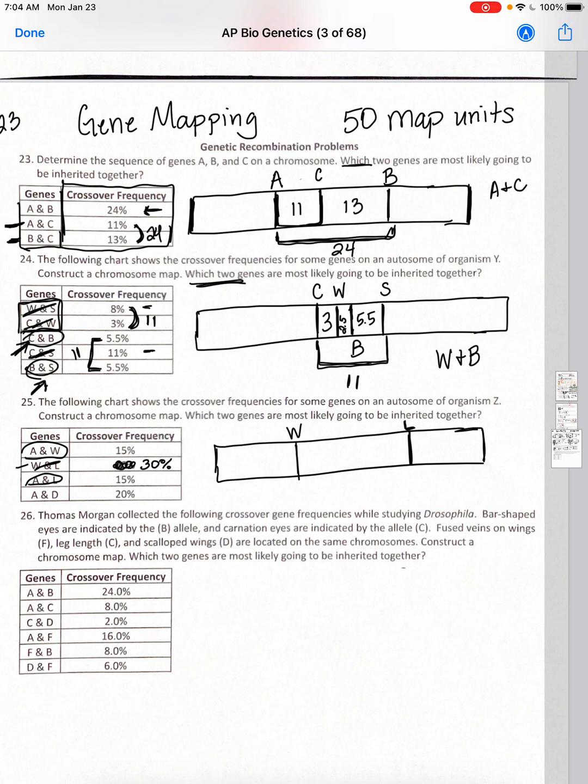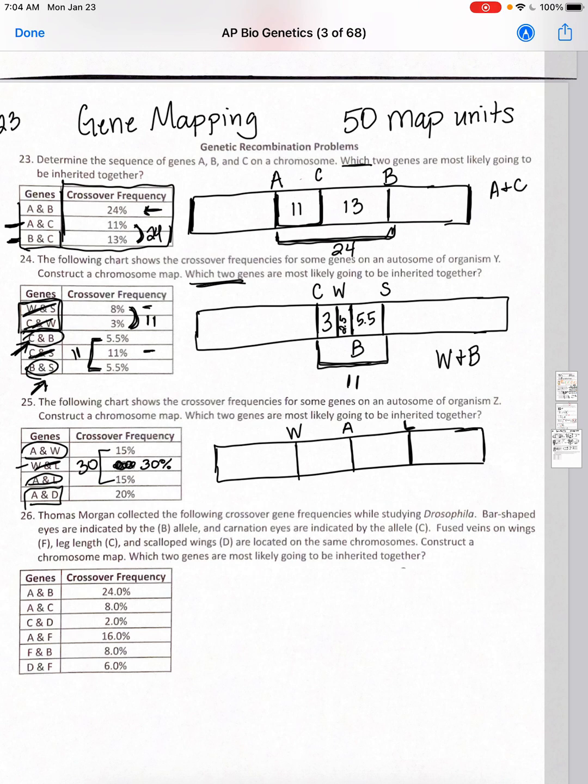Now, if you look at these percentages for A, you can see that they equal 30, 15, and 15. So A is smack dab in the middle of W and L. So I've got that. Now let's try to figure out where D is.